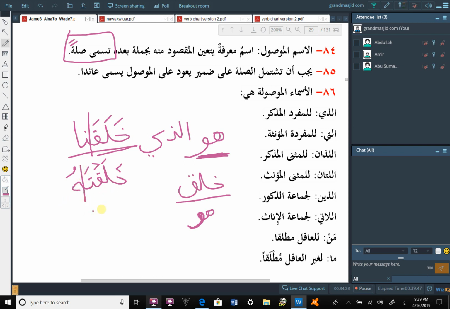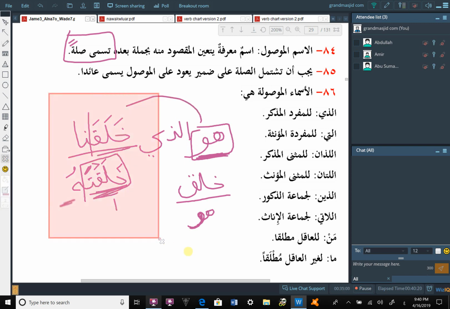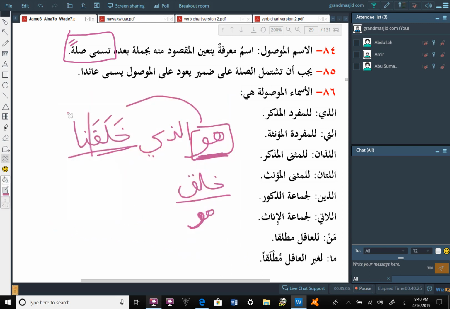Khalaqtahu min nar. You created him. I can't say huwa alladhi khalaqtahu, he is the one who you created. No, because here huwa is referring to this part, not this part. Khalaqta here cannot be ta, because here it means anta. And over here I'm saying huwa, meaning they must agree. So since they must agree, it has to be in line with khalaqa.